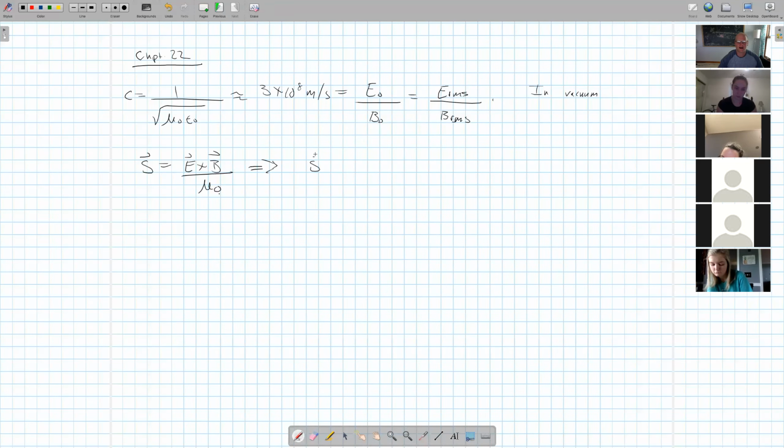Now, most of the time, we're going to write this as the RMS value of the electric field times the RMS value of the magnetic field divided by mu naught, which is also equal to the amplitude of the electric field times the amplitude of the magnetic field divided by twice mu naught. Right? These two come from the average of this guy. This is what it looks like all the time, but these come from the averages, when it's oscillating very, very rapidly. So the average of the S vector.